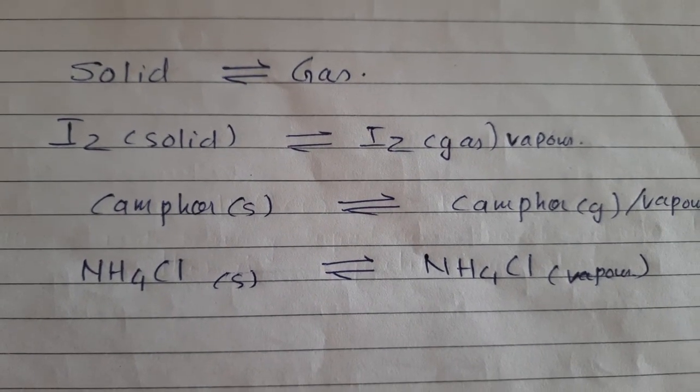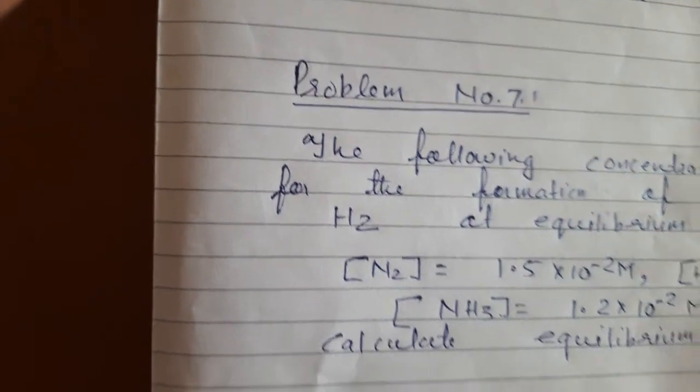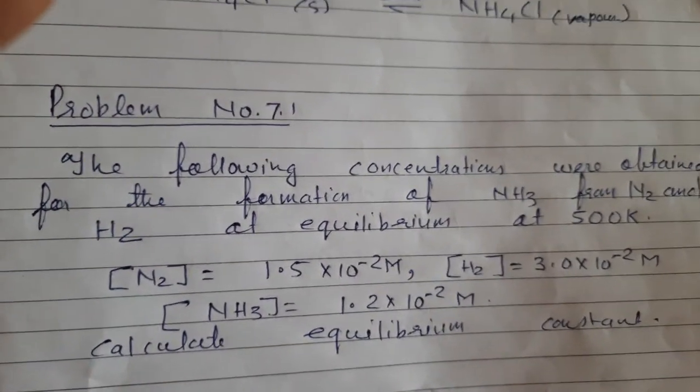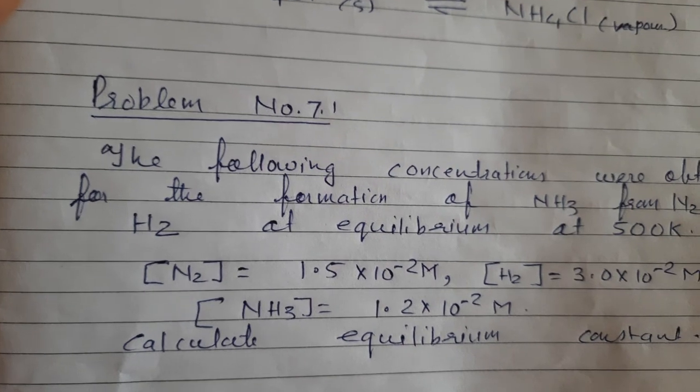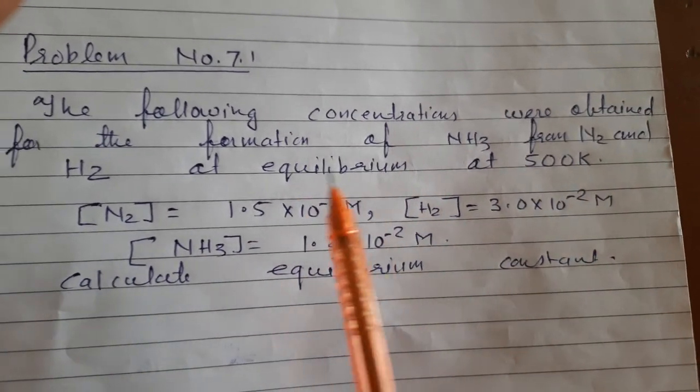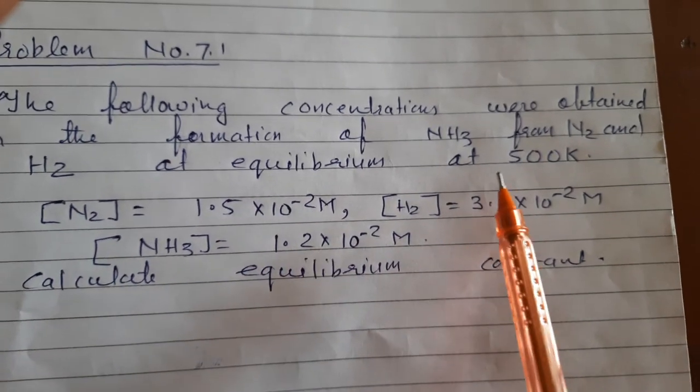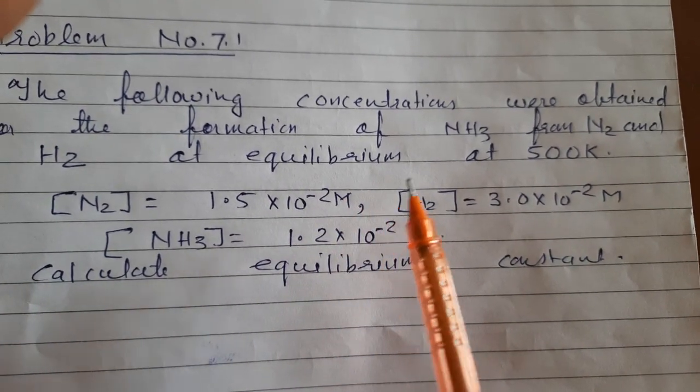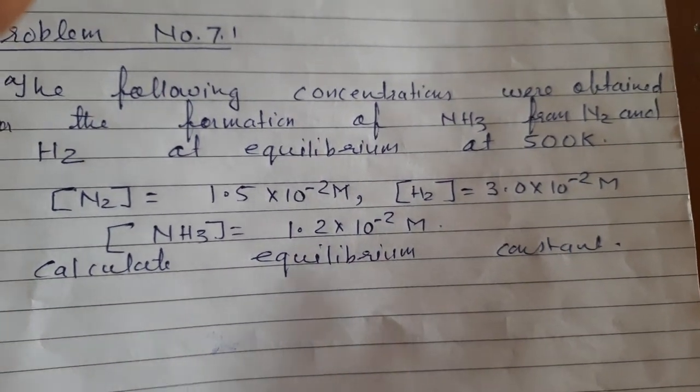Another thing which is very interesting in this chapter is the equilibrium constant. When the reaction is in equilibrium, there occurs a constant. Let me show you one numerical problem. The lesson is full of numerical problems. Problem number 7.1. The following concentrations were obtained for the formation of ammonia from N2 and H2 at equilibrium at 500 Kelvin.